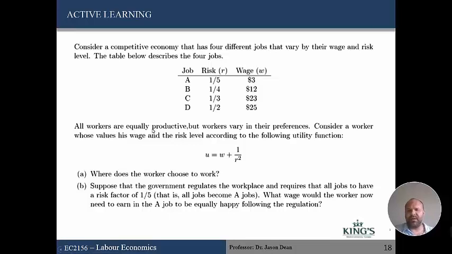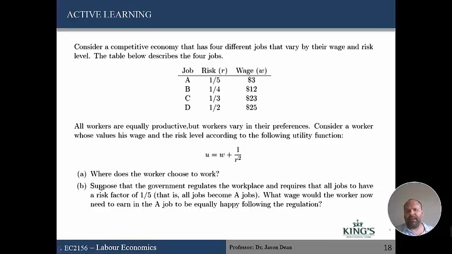Now let's suppose all the workers are equal, but workers vary in their preferences. Consider a worker who values his wage and risk level according to the following utility function: utility is equal to the wage plus 1 over the risk squared. The first question is, where does this worker choose to work?